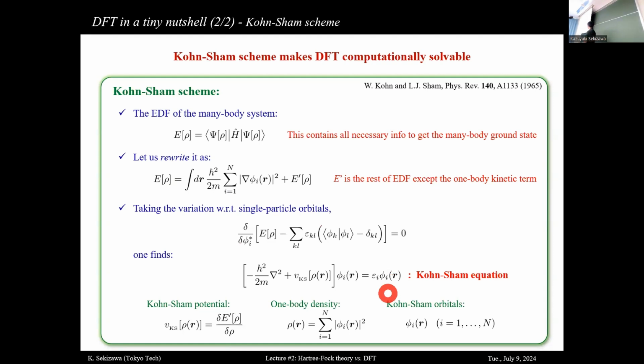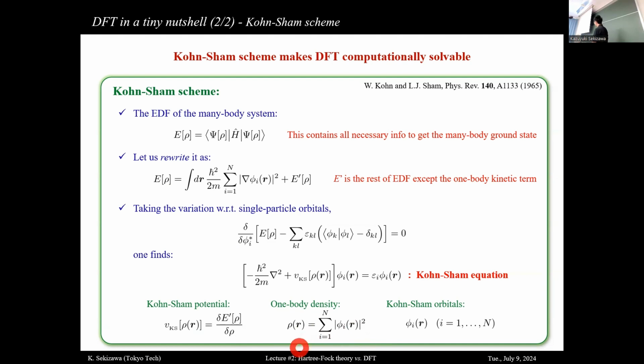Okay. So this small phi corresponds to the so-called Kohn-Sham orbitals, which are similar to single-particle wave functions. And you can calculate the one-body density as usual, just the summation of the absolute square of the single-particle orbitals.